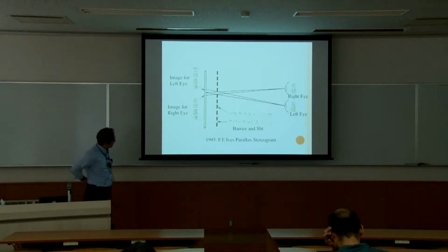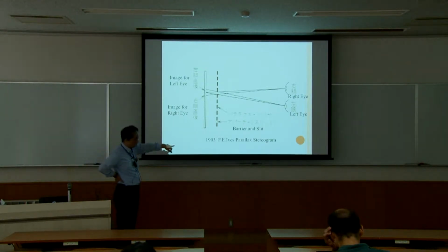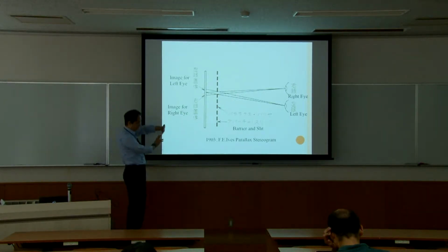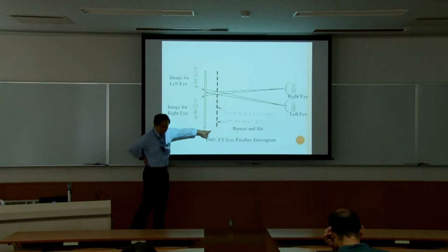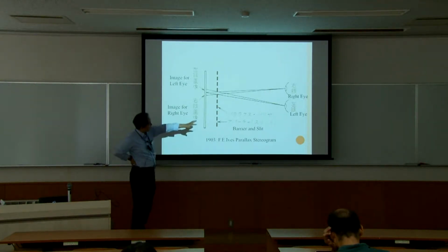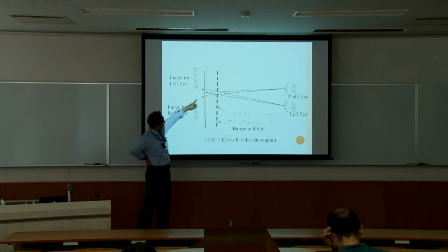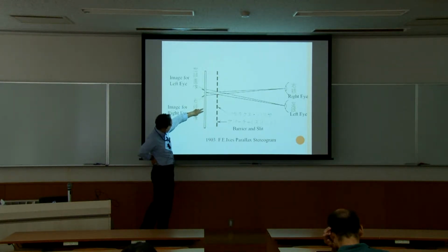And the next is the beginning of the 20th century, 1903. Ives invented the parallax stereogram. The parallax stereogram is composed of the left eye image and right eye image. The barrier is placed here, and the right eye sees only this part, this part, this part.